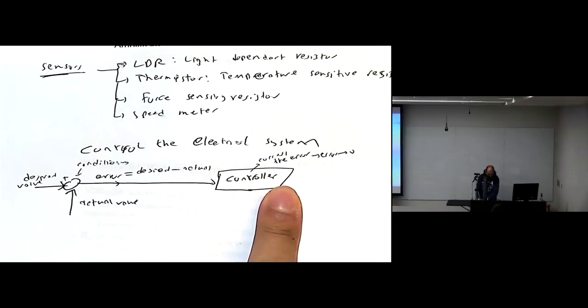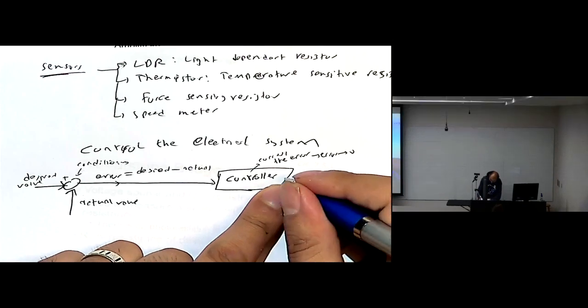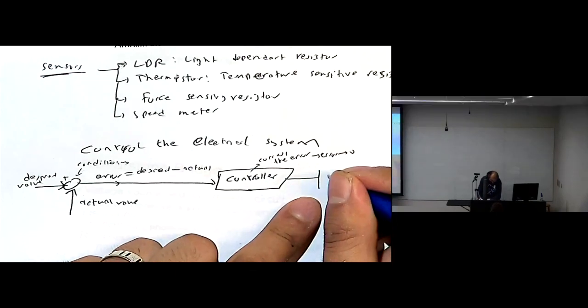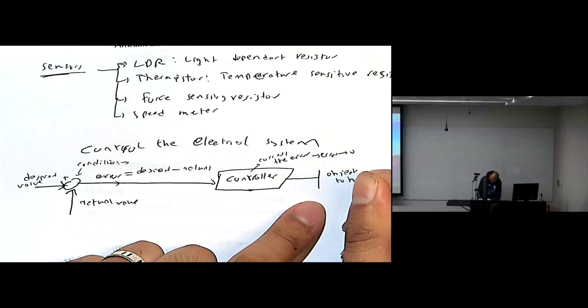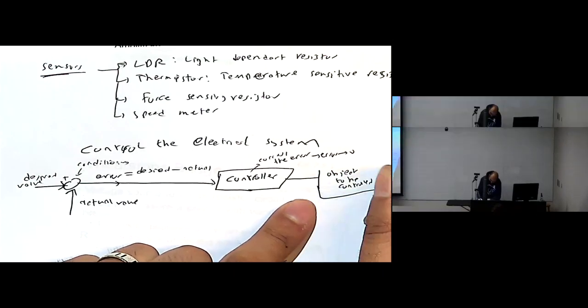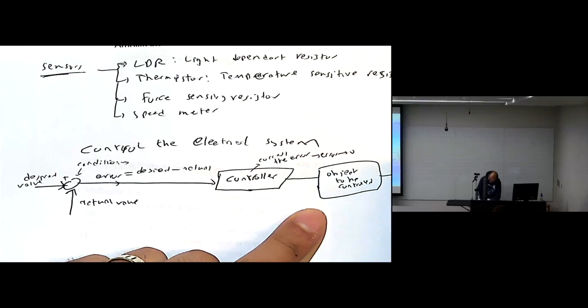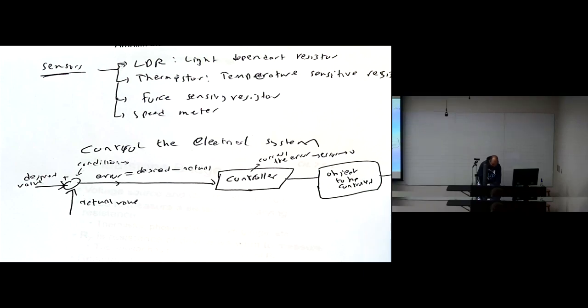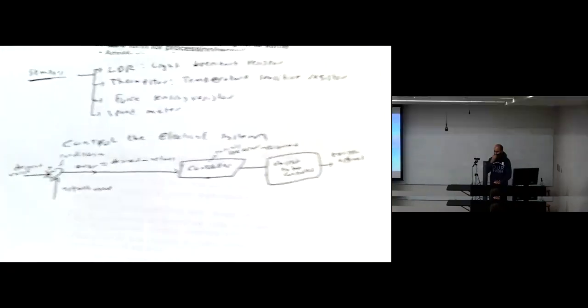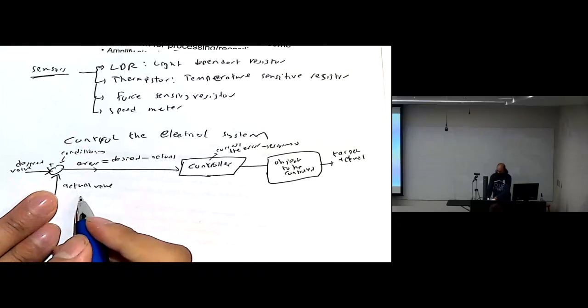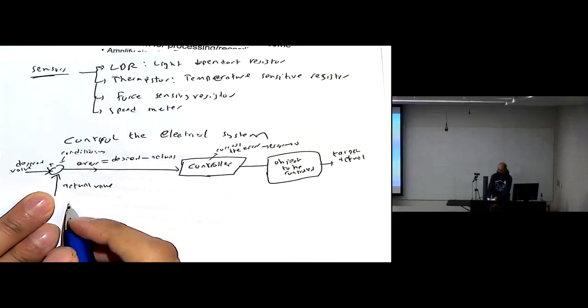That's the controller. Then I have the object that I need to be controlled. After that, I should have my target, which is the actual. How can I measure the actual in order to do the conditioning?